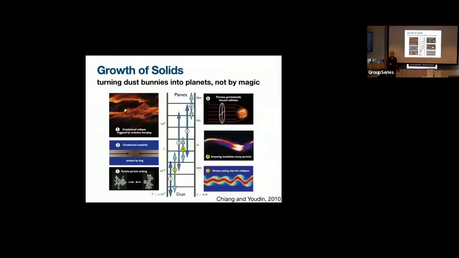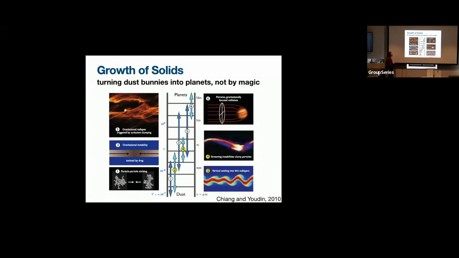The first revolves around understanding the growth of solids, not by magic, but by considering a size ladder of how things grow. The basic model we have now is that at some small sizes, you can get particle sticking. This is the dust bunny analogy.